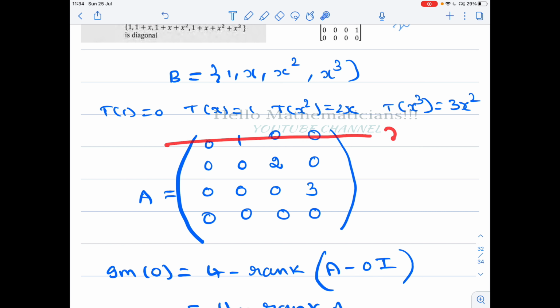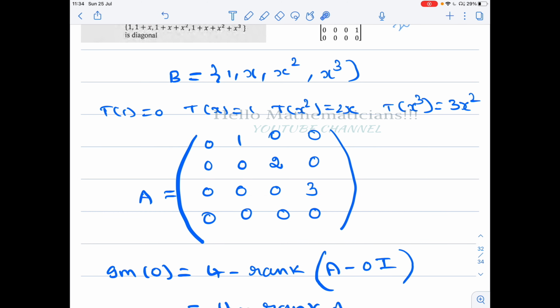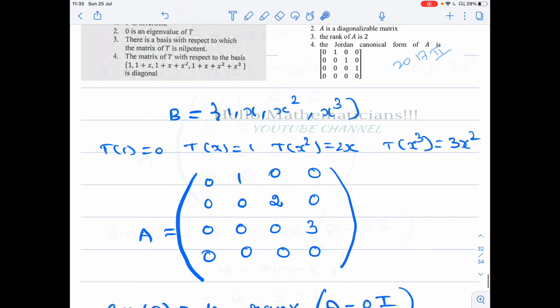So this row corresponds to 1, this corresponds to x, this corresponds to x square, this row corresponds to x cube. Just remember it like this. So 2x means only there is x. There is no constant term, other things. So T of x cube is 3x square. So there is a term here. Okay. So this is the matrix corresponding to the given linear transformation.